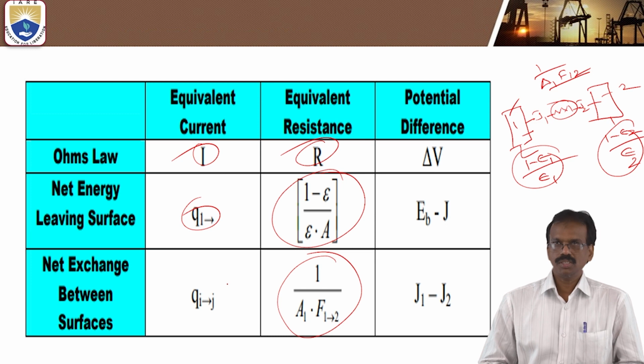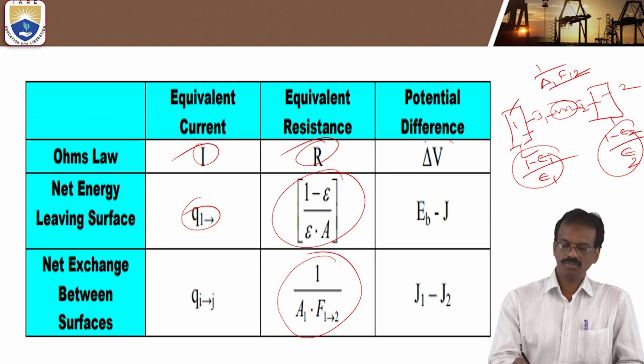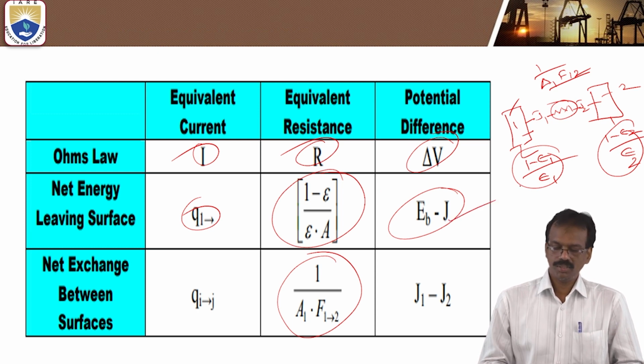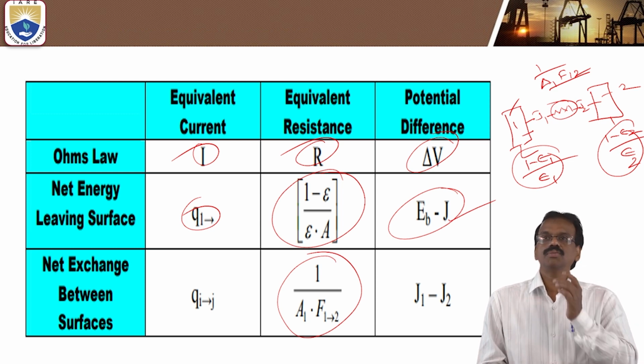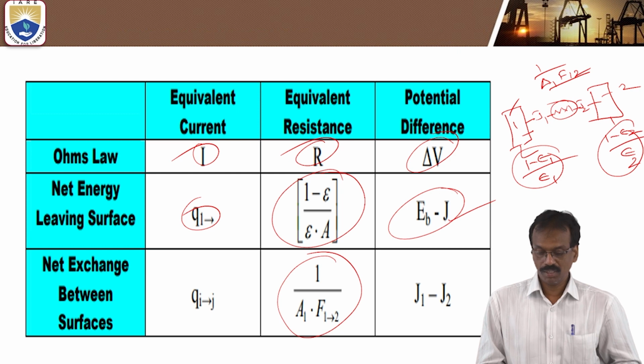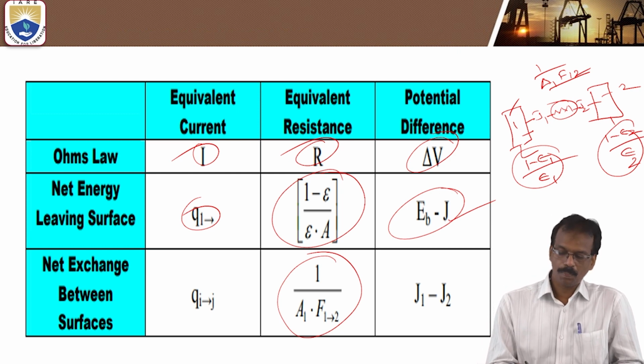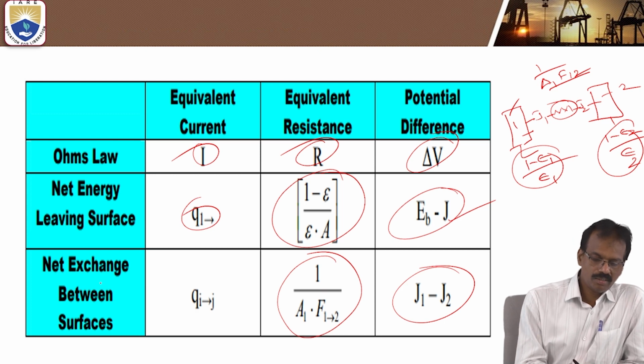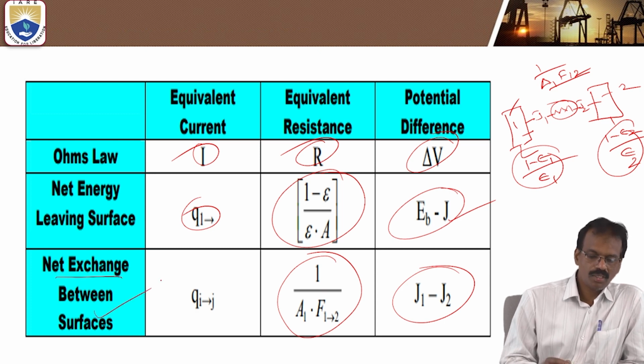Then the potential difference, here the voltage difference, is the energy difference: emitting energy minus radiosity for a particular single surface. If you consider two surfaces, it is J1 minus J2, radiosity 1 minus radiosity 2, the net energy exchange between surfaces.